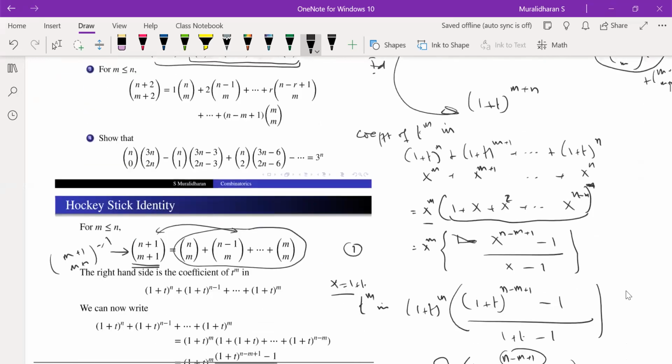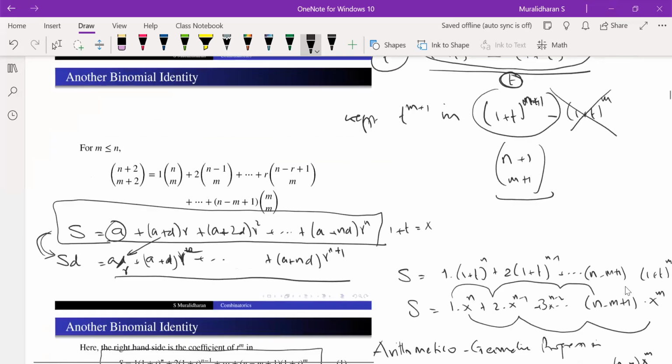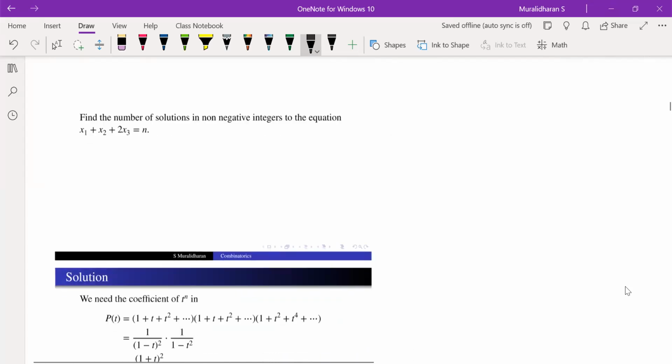Right. And let's look at one more problem. Let's find the number of solutions in non-negative integers to the equation x1 plus x2 plus 2x3 is equal to n. So each x is non-negative.